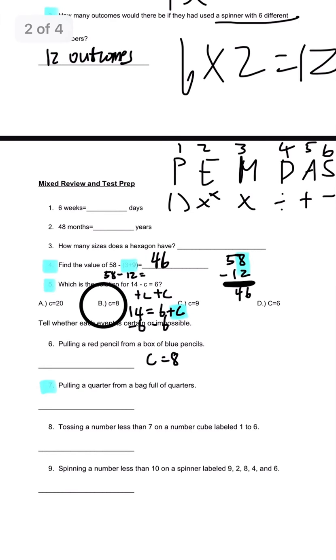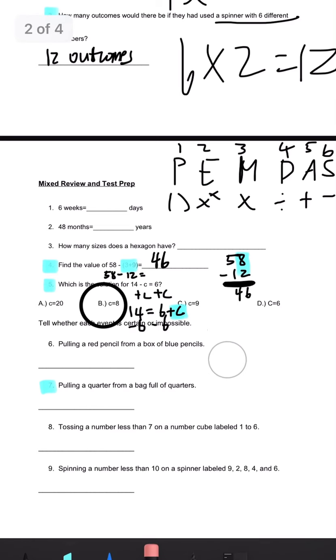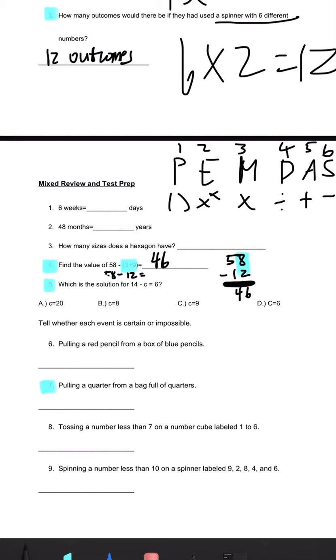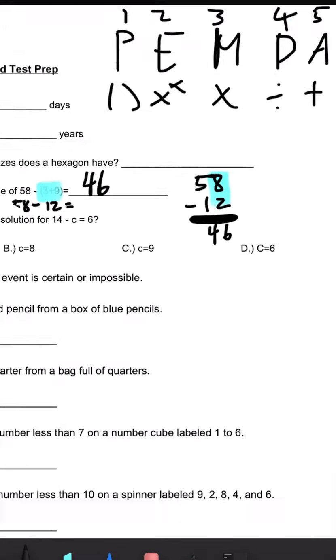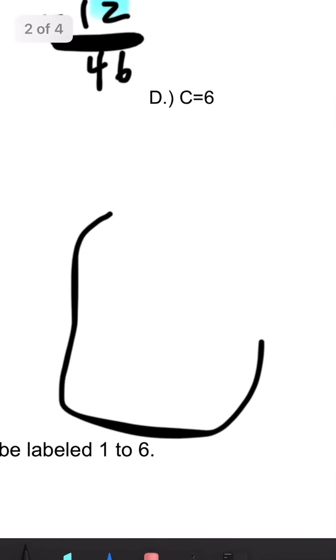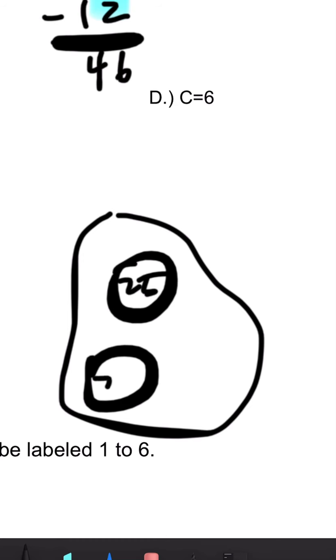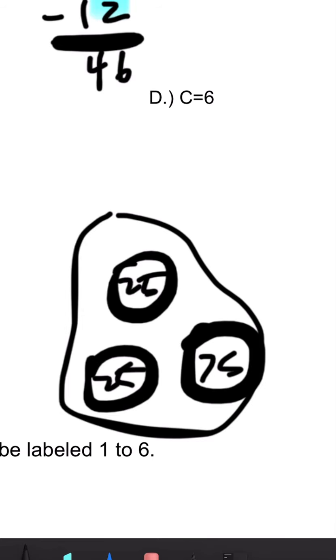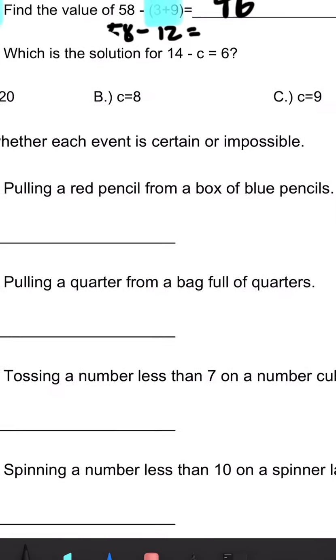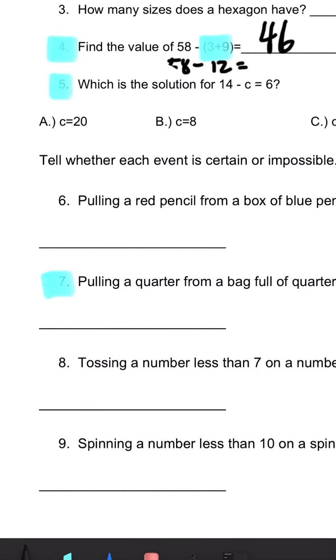Okay, last problem on this page, number 7. Let me erase this so you guys can see the directions. It says, tell whether each event is certain or impossible. So number 7, pulling a quarter out of a bag full of quarters. If there is a bag and we know that there are only quarters in here, then it is certain that he or she will pull out only quarters.